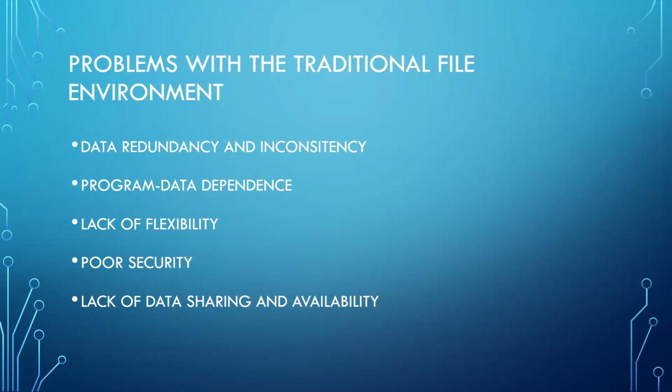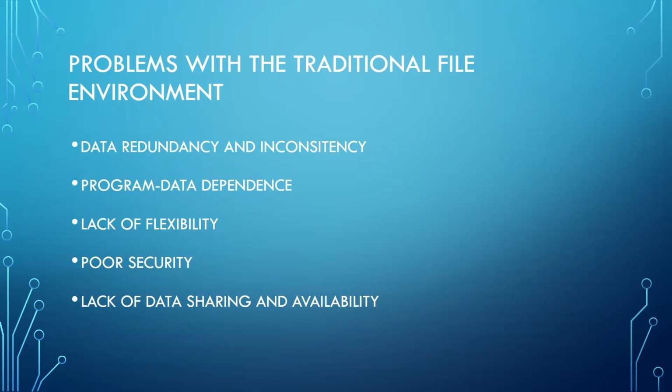So we also have the program data dependence. Program data dependence refers to the coupling of data stored in files and the specific programs required to update and maintain those files, such that changes in programs require changes to the data.